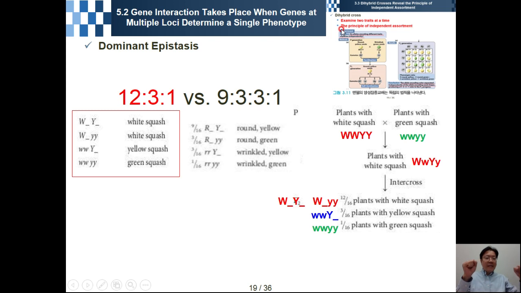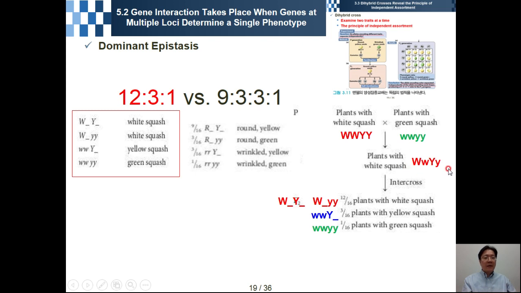Each gene is located on a different chromosome, so usually they follow the principle of independent assortment. The parent generation is a plant with white squash, with large W, large W, large Y, large Y. The other parent is a plant with green squash, small w, small w, small y, small y. After the cross, the offspring generation is large W small w, large Y small y.